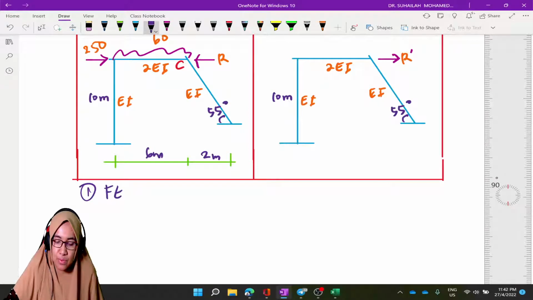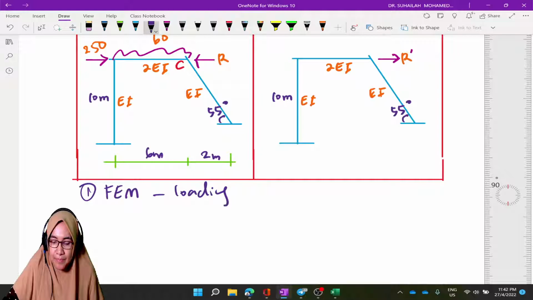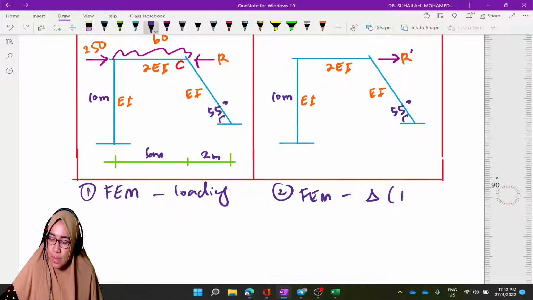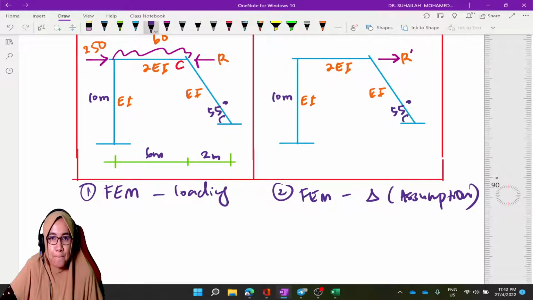Here we have to calculate FEM due to loading. Number 2, we have to calculate FEM due to delta, and this one is based on assumption first. So that's the only difference.